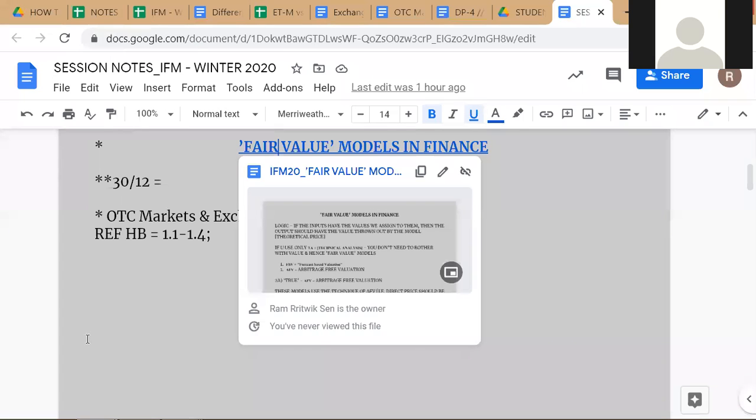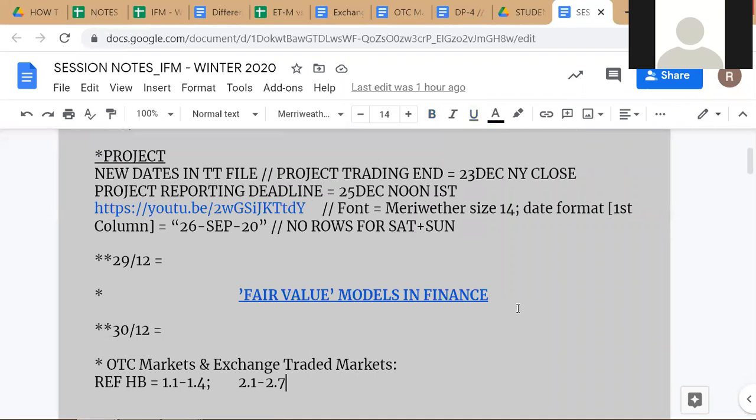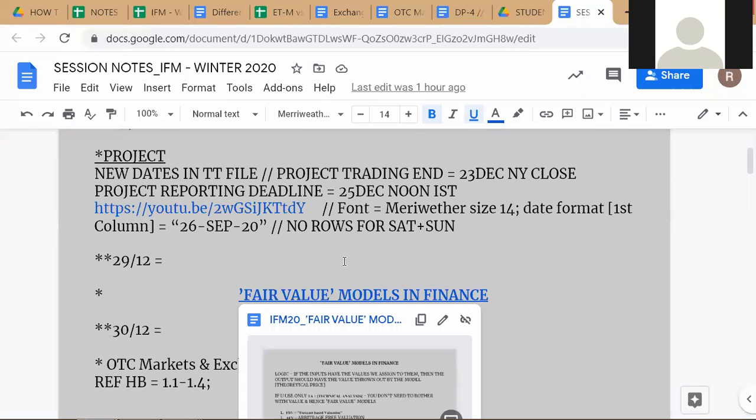All right. So this document, fair value models, I have already created. This contains the discussions that we had over the last two sessions, and I will also include some of the discussions from the last session in your previous course, where we discussed the arbitrage-free valuation based pricing for FX cross rates.